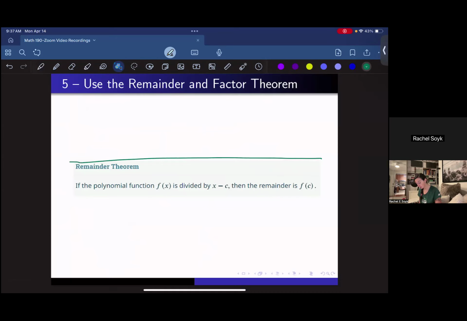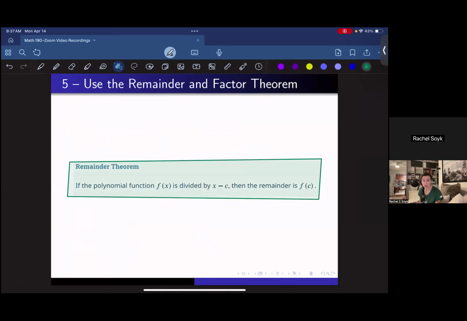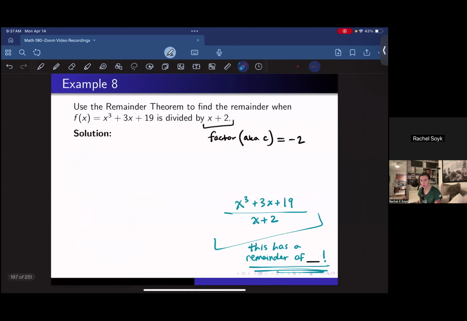It tells us that if the polynomial function, f of x, is divided by x minus c, then our remainder is simply f of c. And we'll practice that with our concrete example on this next slide.